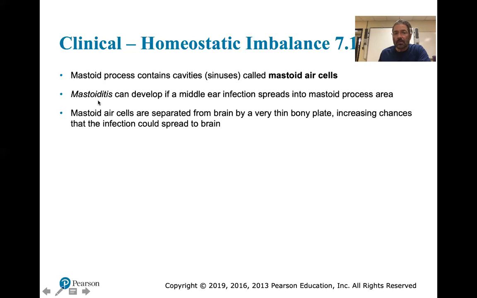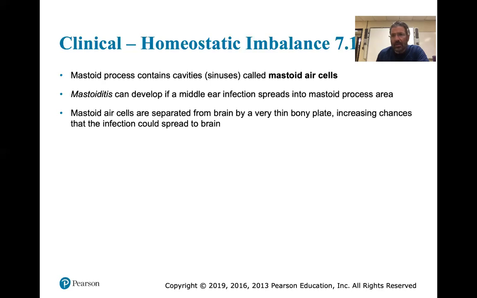Mastoiditis, not like mastitis like cows get, mastoiditis. Mastoid and itis means inflammation. It can develop in the middle ear, and the infection can spread very easily into the brain because it's so thin. If something's inflamed, realize too, there's going to be inflammation and swelling.